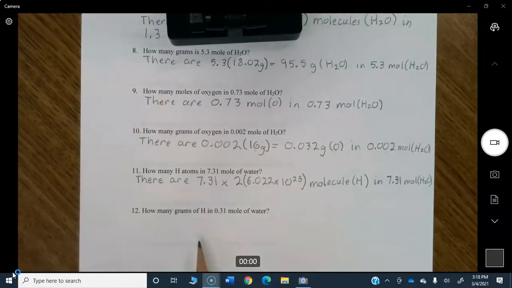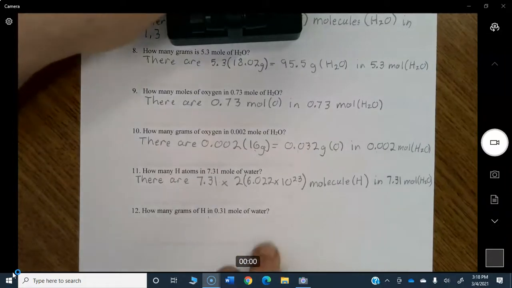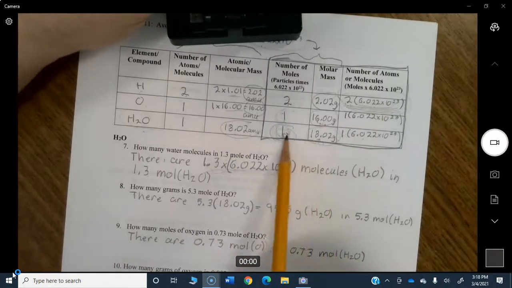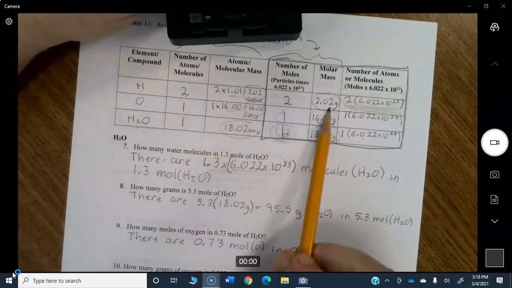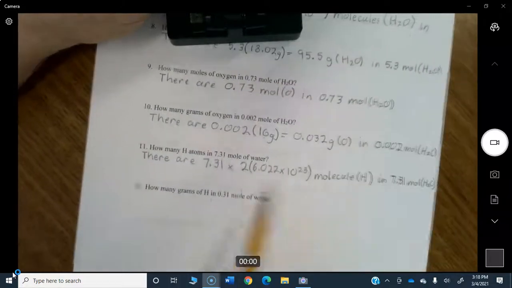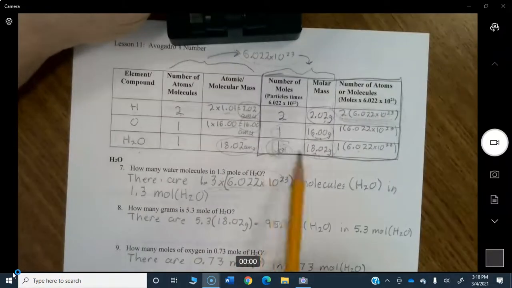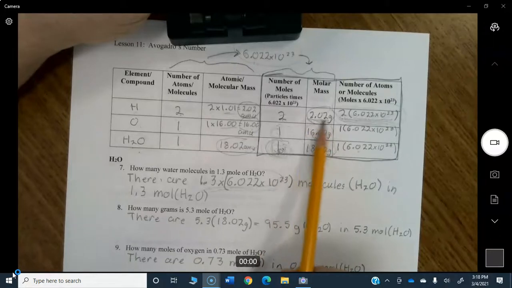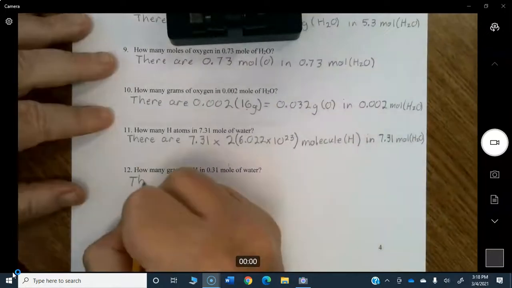Okay, finally, for this question: how many grams of hydrogen in 0.31 moles of water? So in 1 mole of water, there's 2.02 grams of hydrogen. For 1 mole, you need 2.02 grams. So if you want 0.31 moles of water, then you want 0.31 times that number of grams.